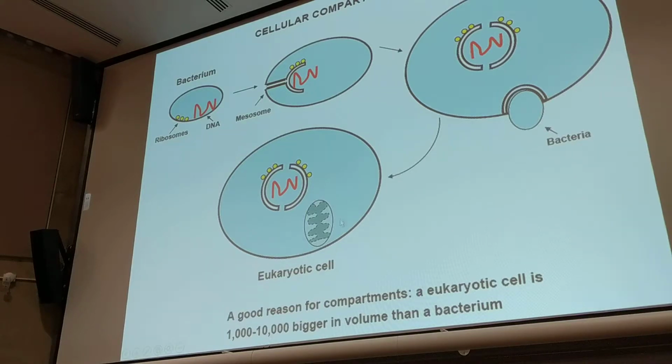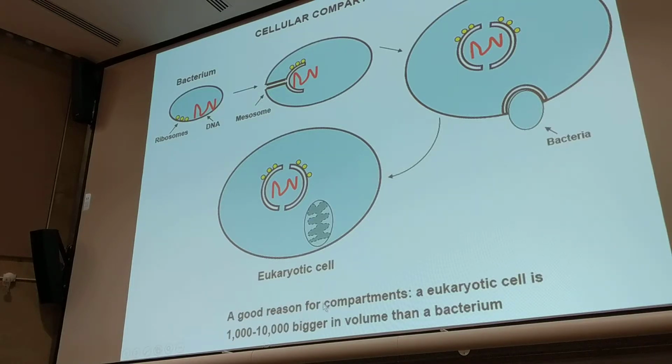For example, now the bacterium is well known to be the precursor of the mitochondria, which is the engine of the cell, producing ATP and energy. Okay? So this is how the current eukaryotic cell has evolved from a bacterium.